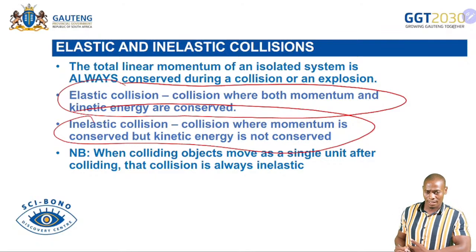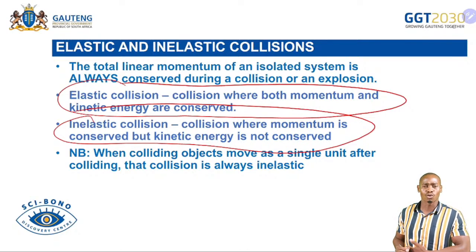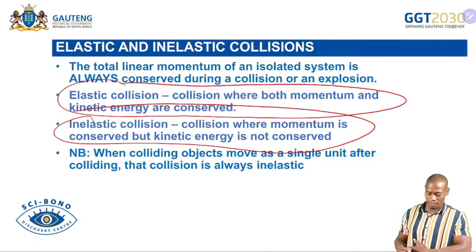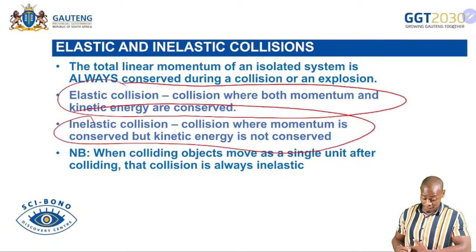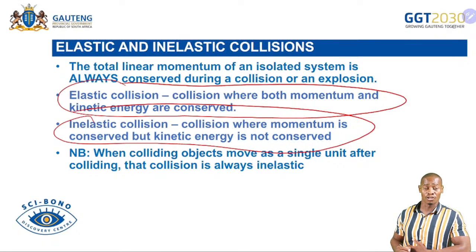So when we define elastic collision, that is the collision where total momentum and total kinetic energy are conserved. So that is correct physics, okay? Then when it comes to inelastic collision, total momentum is conserved, but total kinetic energy is not conserved. So the word total must be there.